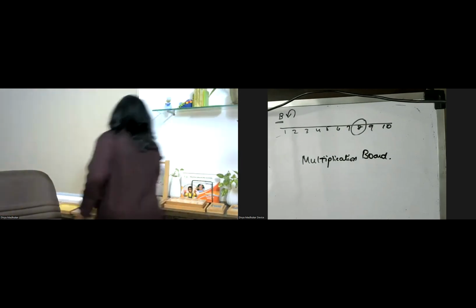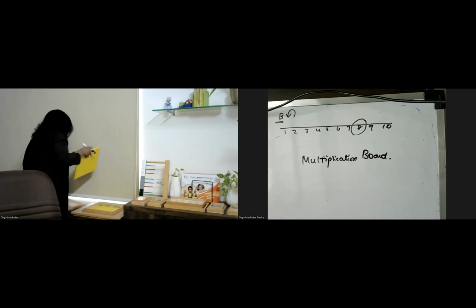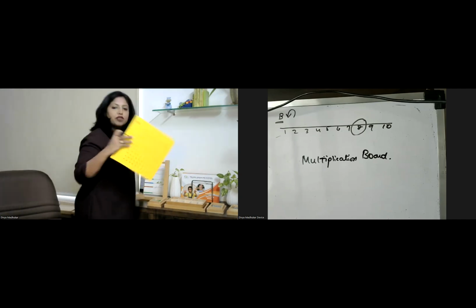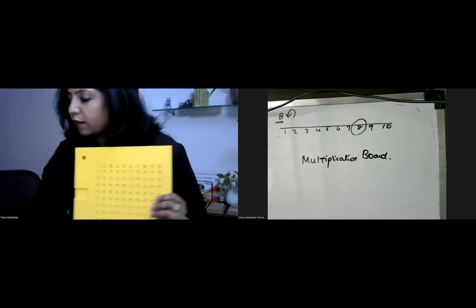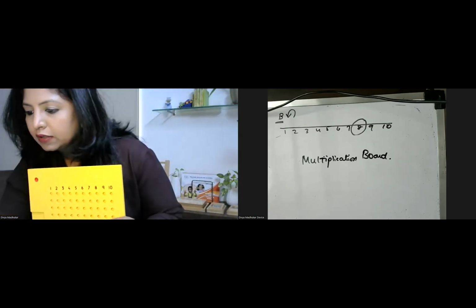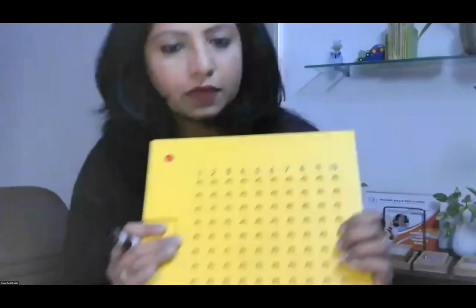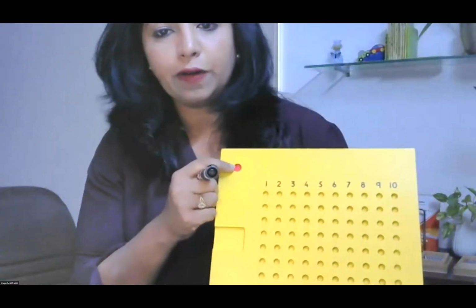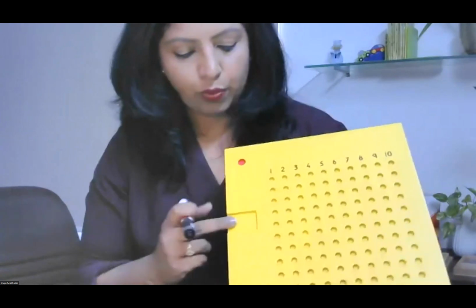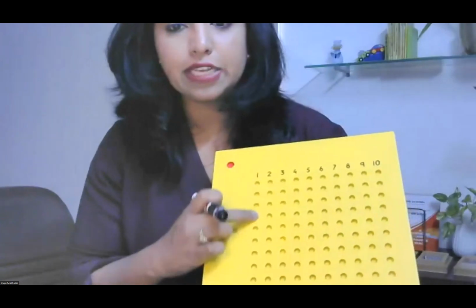So we're going to have our multiplication board just like this. If you see it very closely, you will have a slot here to put your skittle, and a slot to place your card, and you will see all the holes here.